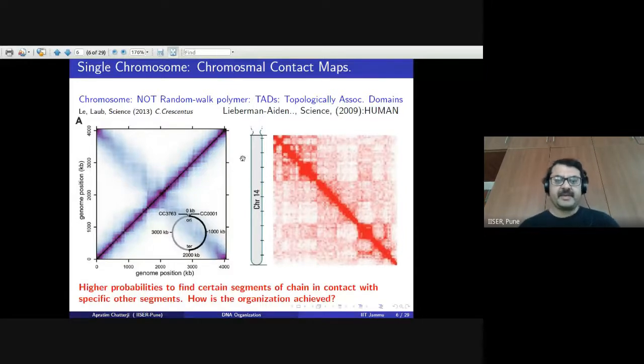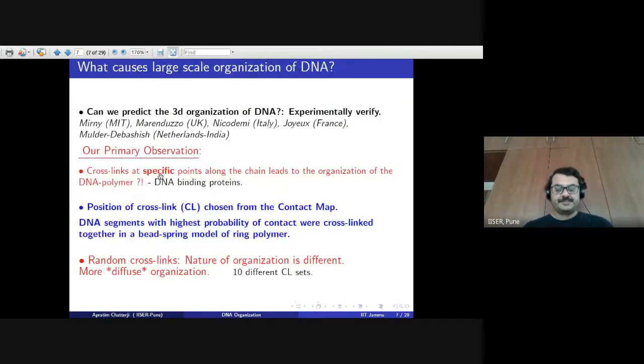This has different square patches, and the broad question we try to address is: take the bacteria C. crescentus and the bacteria E. coli, take such information from contact maps, and figure out how they get arranged.